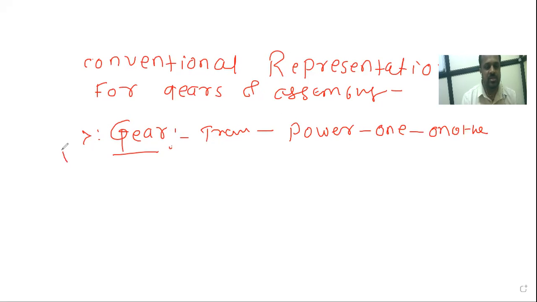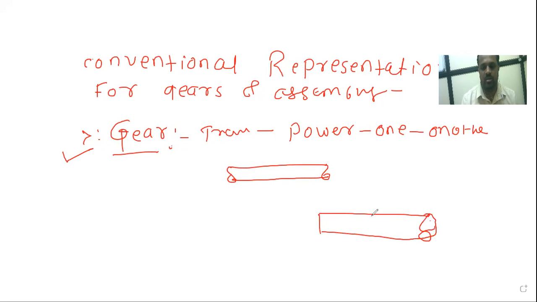Gear is a machine element used to transmit power, and that power we can easily transmit from one shaft to another shaft. For example, suppose we have one shaft like this, and this will be our other shaft like this. Suppose we want to transmit the power from this shaft to this shaft.